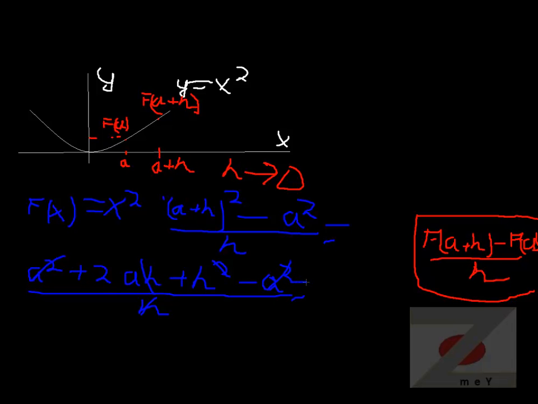So all we get is 2a plus h. So this is basically our answer. But one thing you have to remember as well is that our h approaches 0, so this h becomes so small that we don't actually have to worry about it. So our overall derivative is 2a. So this is our final answer.